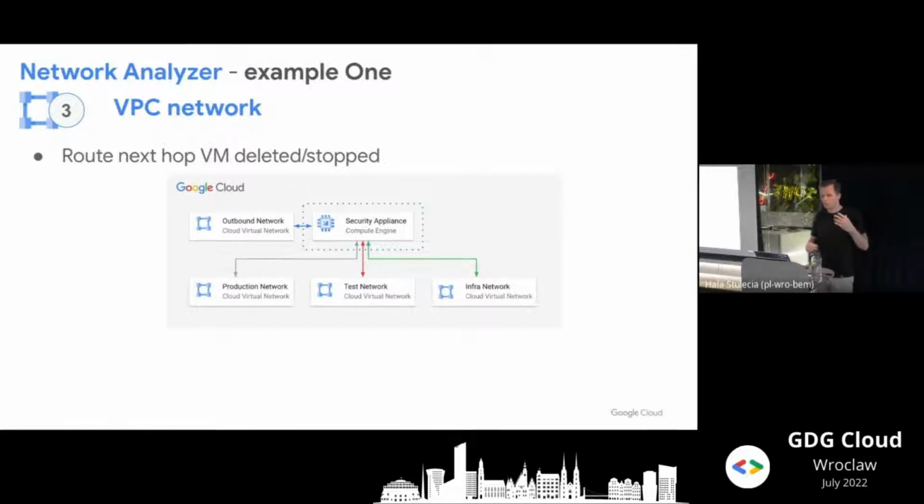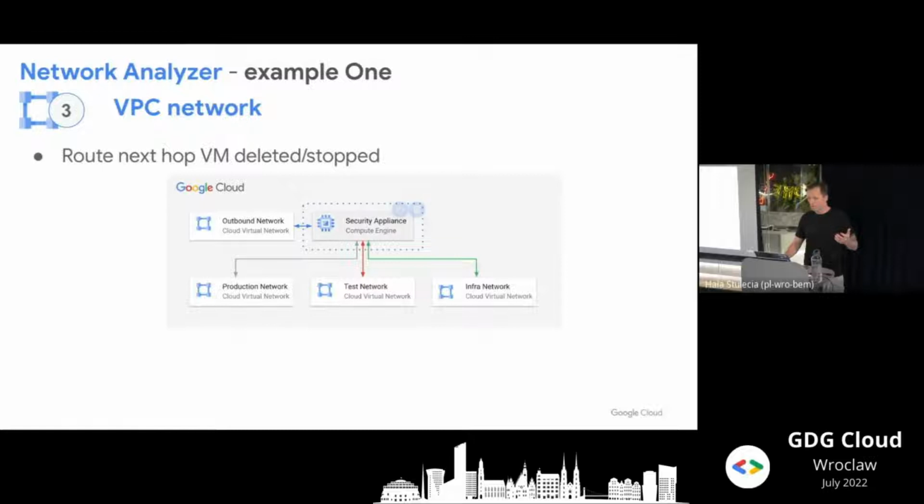So as you probably know, in VPC networks, you can have that manual routing configuration. And let's say you set up your routing configuration in a way that you're sending your traffic to our security appliance. And that security appliance is just a Compute Engine machine.